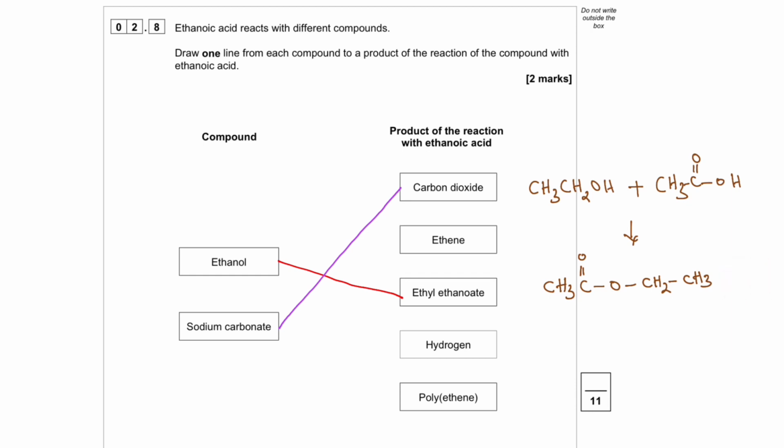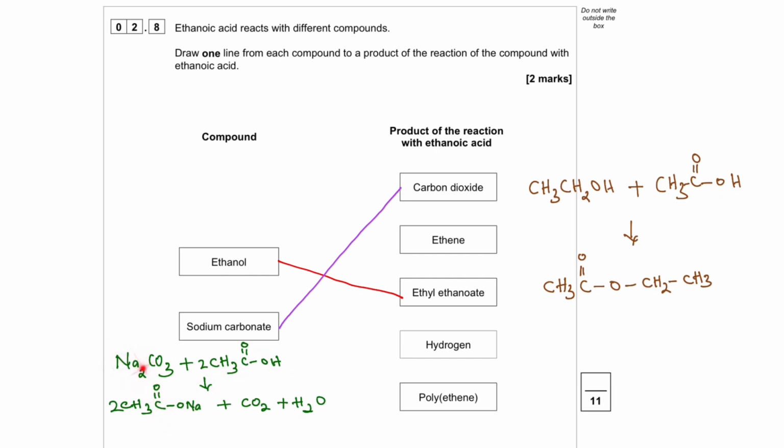For sodium carbonate and ethanoic acid, here is sodium carbonate, and that's ethanoic acid. We need 2 stoichiometric moles of the acid for the reaction to go to completion. The H is gone because this is an acid, and sodium joins it. That's why we've got the C double bond O and ONa.